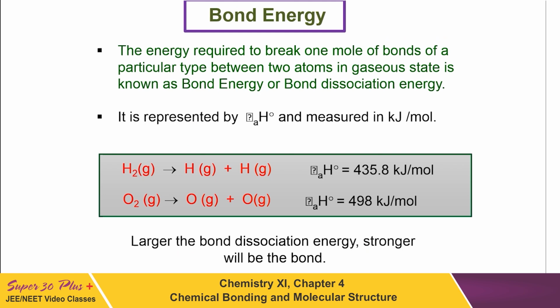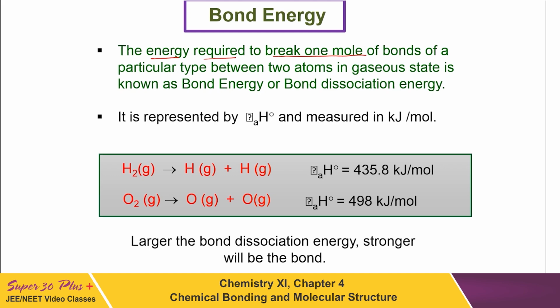Another bond parameter is the bond energy, students. What is bond energy? It is the absolute amount of energy which is required to break 1 mole of bonds. If you need to break 1 mole of bonds, whatever the energy required is the bond energy, right? And if you are forming a bond, then the same amount of energy will be released.